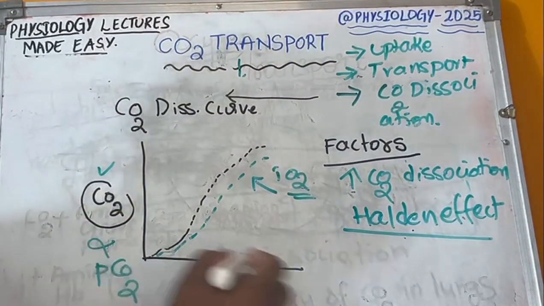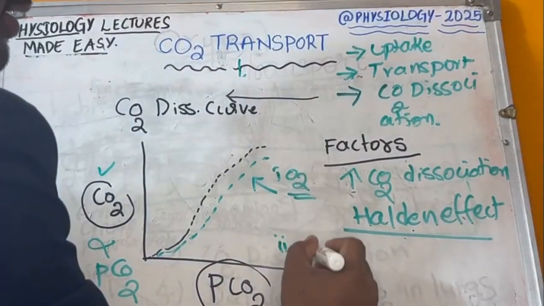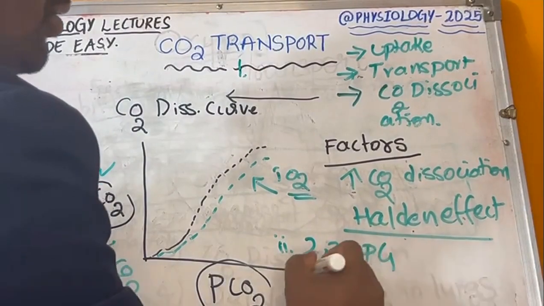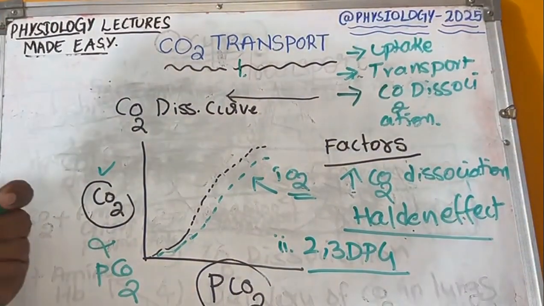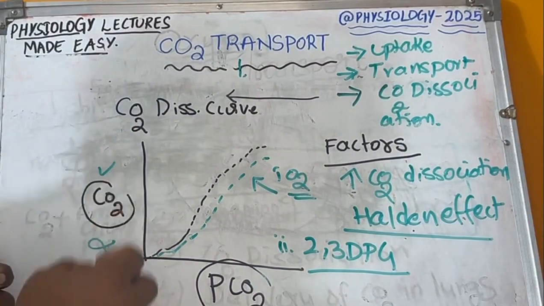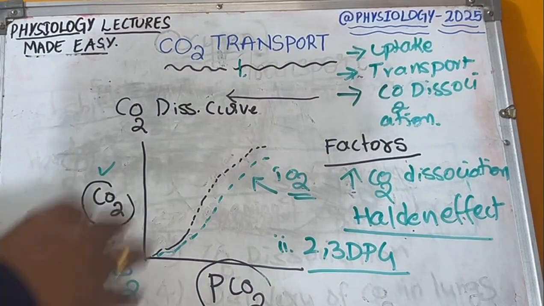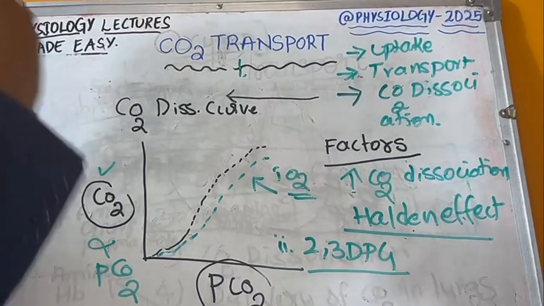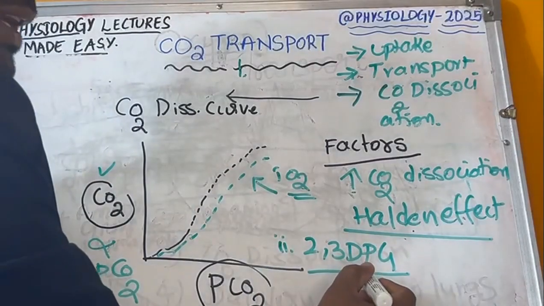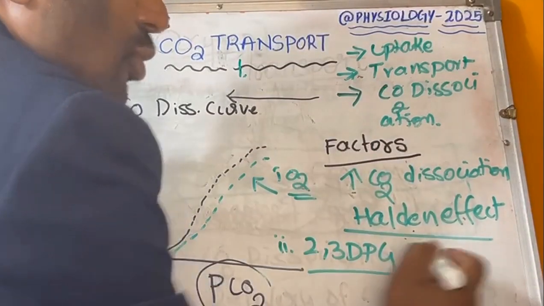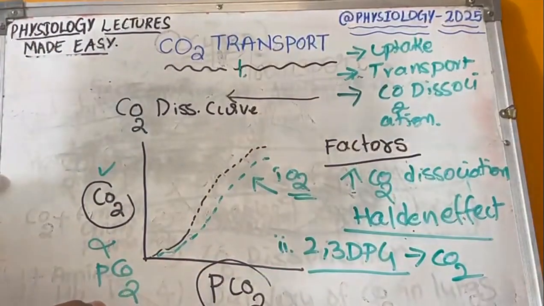Number two, the second important factor is called 2,3-DPG, 2,3-diphosphoglycerate. 2,3-DPG is one of the factors which influences the curve. It competes with the CO2 to bind with the hemoglobin.